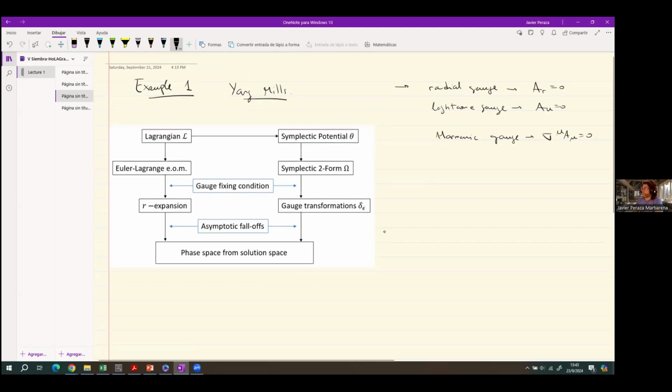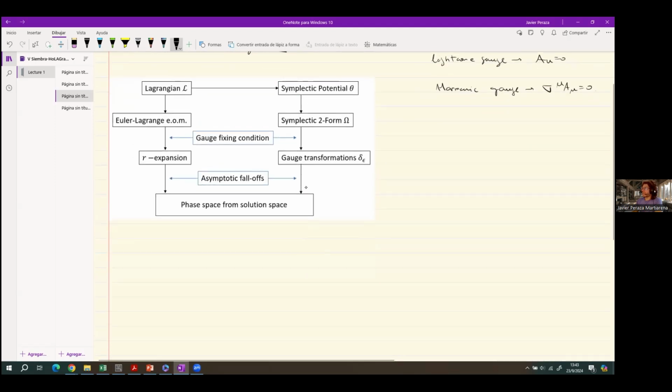And here just writing the results for the symplectic two-form. So the symplectic two-form with these fall-offs, the radiated fall-offs, is the following. So let me write it. So we have that A, with x^A the coordinates on the sphere.